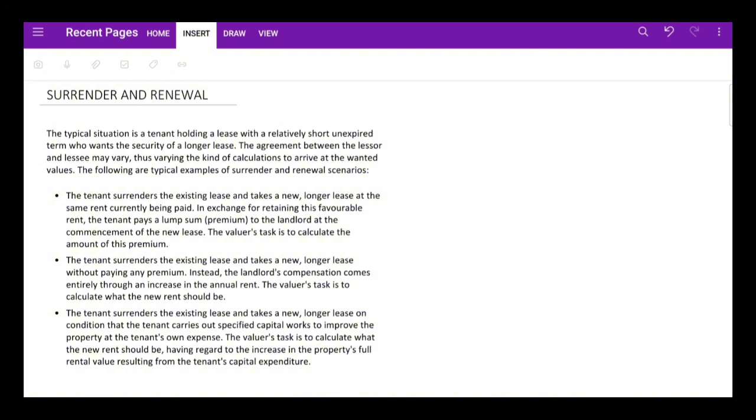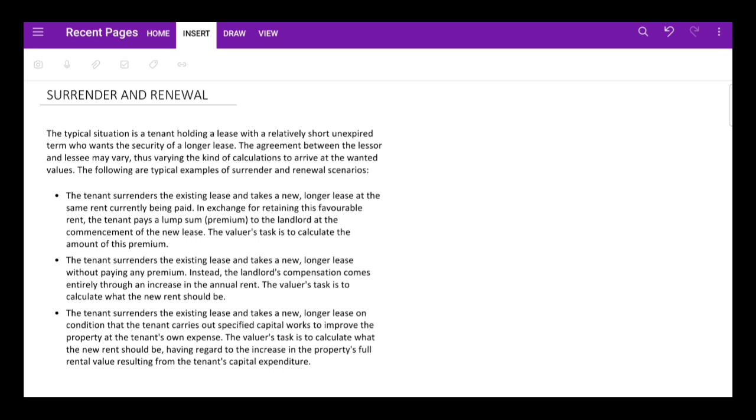So the agreement between the lessor and the lessee may vary, thus varying the kind of calculations to arrive at the wanted values. And then further down, there are three typical scenarios in which the surrender and renewal plays out.